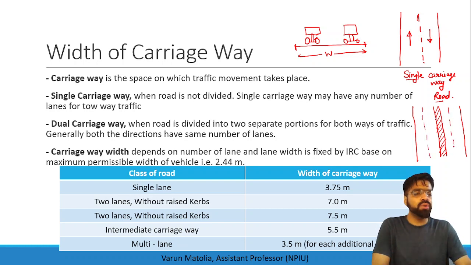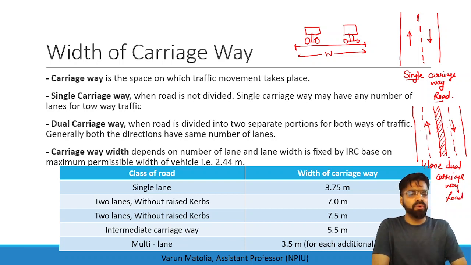So there are two separate carriageways for both directions of traffic. This side has 2 lanes, this side also has 2 lanes, so we can call it a 4-lane dual carriageway road.